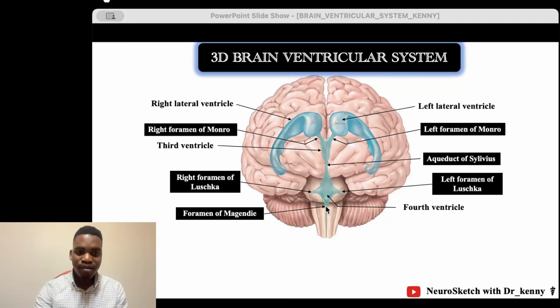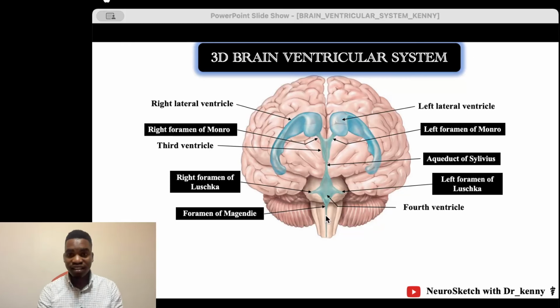And then we have a median aperture. This one is not seen clearly from this picture, but it doesn't mean this fluid goes to the central canal. Of course, part of the cerebrospinal fluid will go to the central canal, but it doesn't go there by using the foramen of Magendie. It uses the obex.